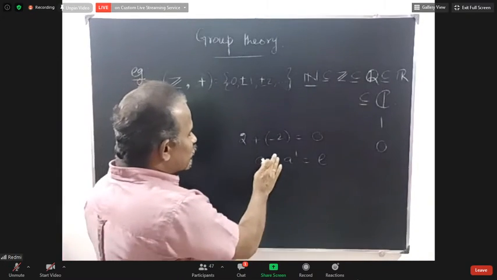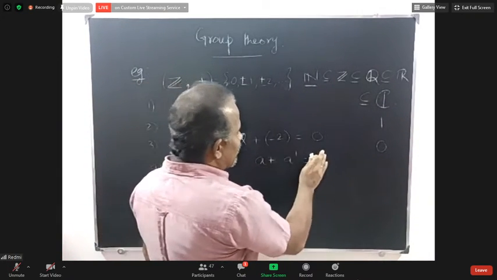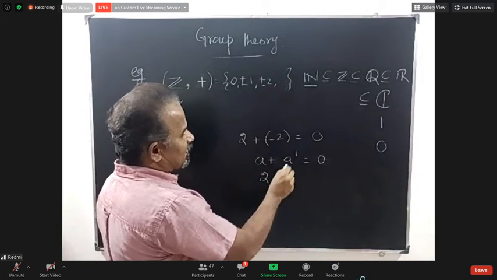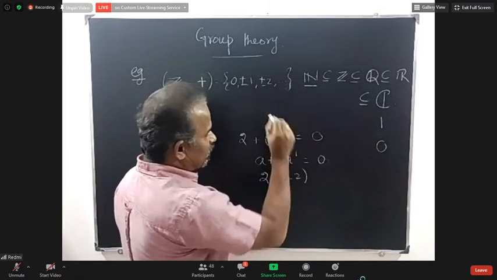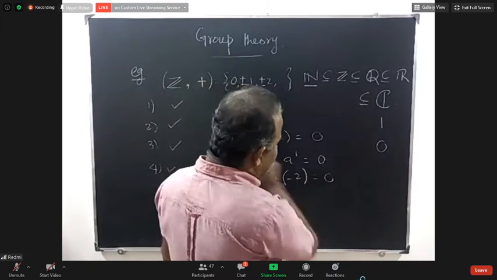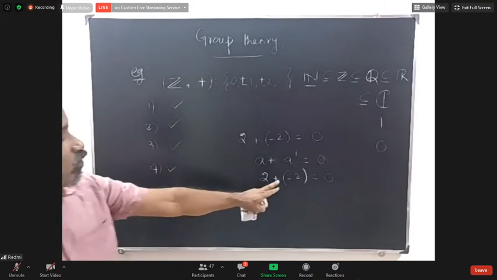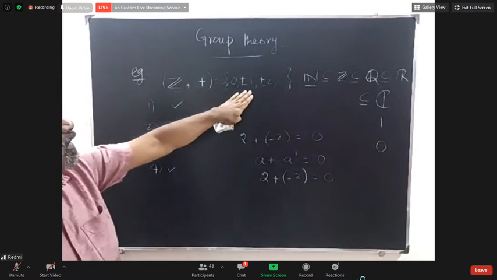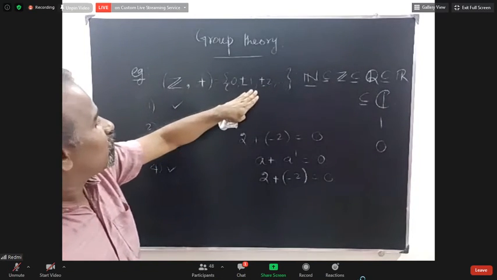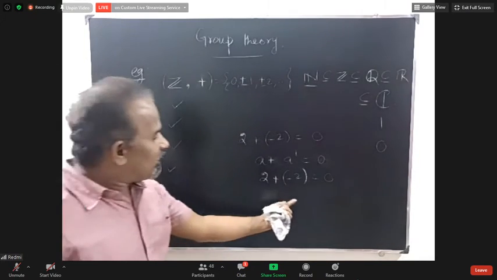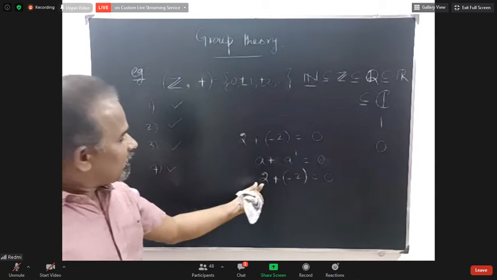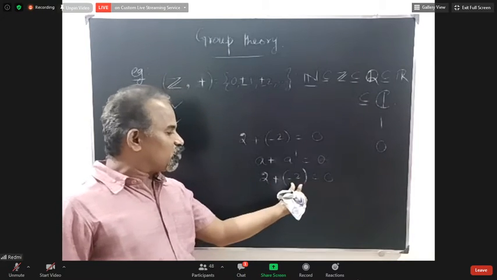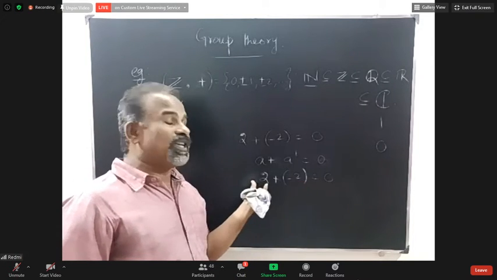Here star becomes plus. Additive identity is 0. So if you take 2 plus A dash, A dash must be minus 2, then only it will become 0. So there exists A dash, minus 2, which also belongs to the set. The additive inverse of 2 is minus 2, and the additive inverse of minus 2 is plus 2.